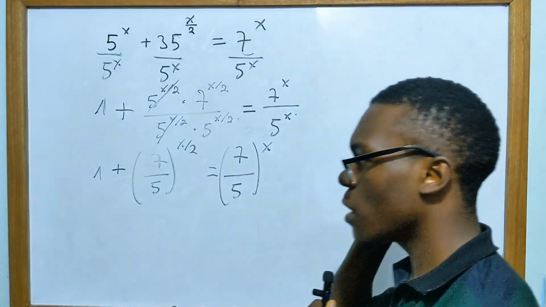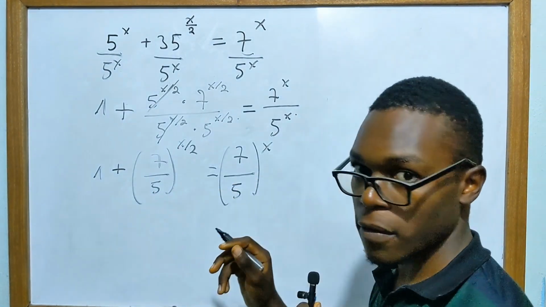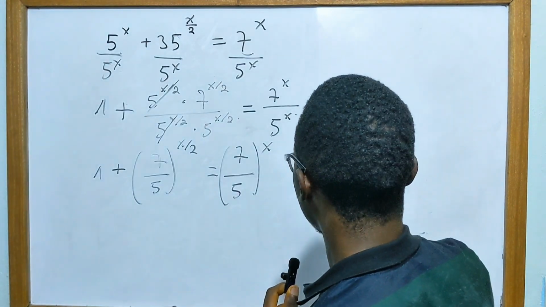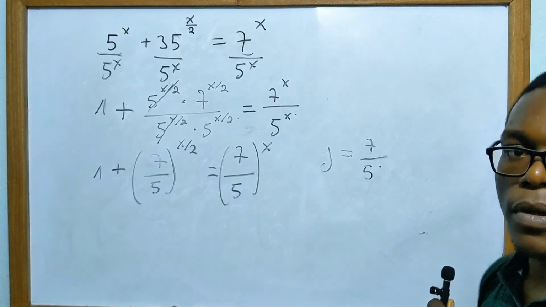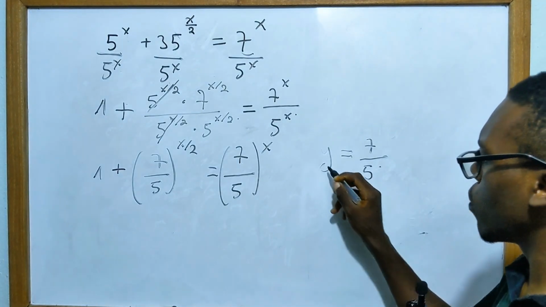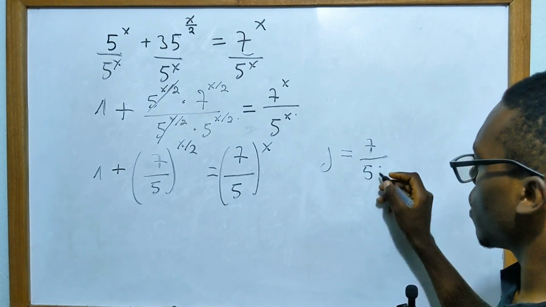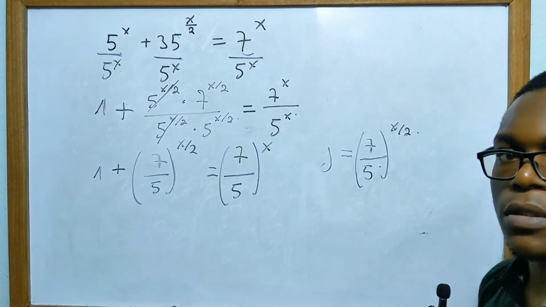At this point now, checking at this question, we have 7 all over 5 and 7 over 5. If you take y equal to 7 all over 5, that is somehow amazing. Now, if you take y equal to this, for example, y to the x on 2 is equal to this.